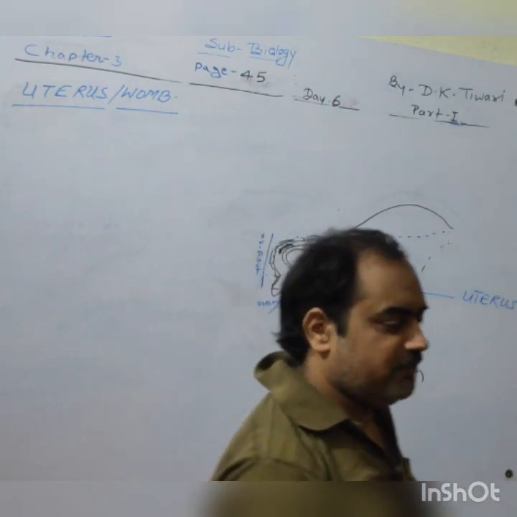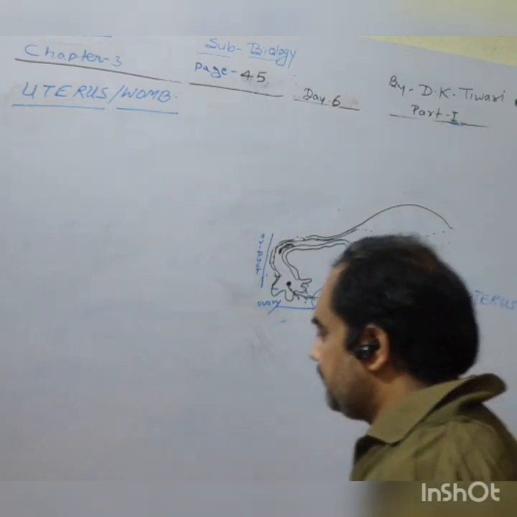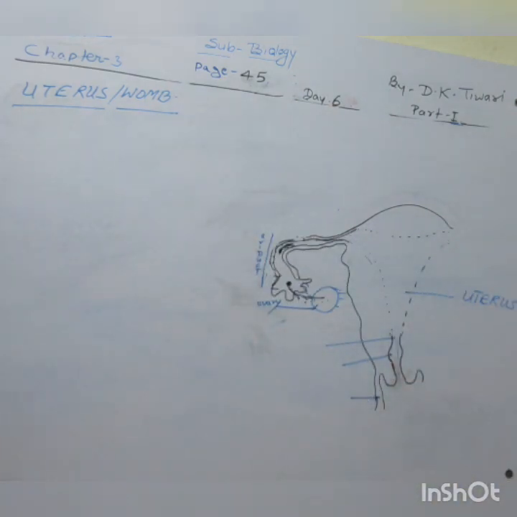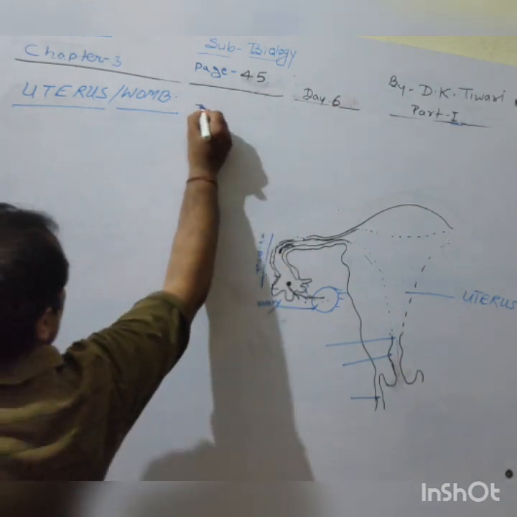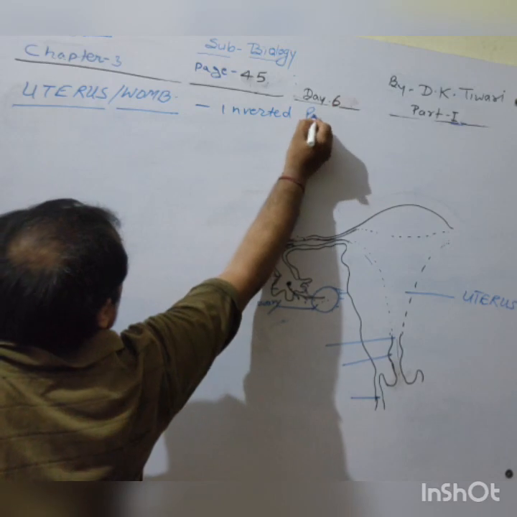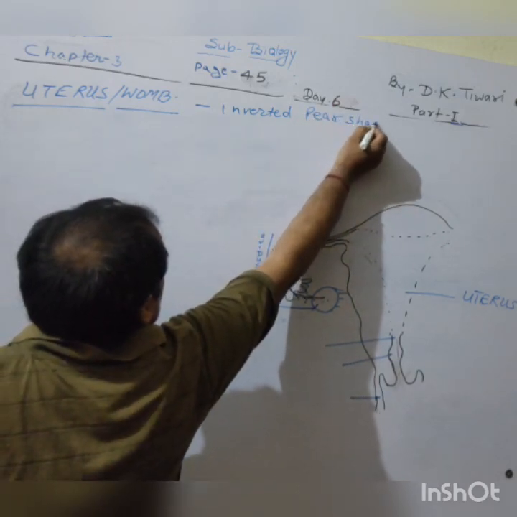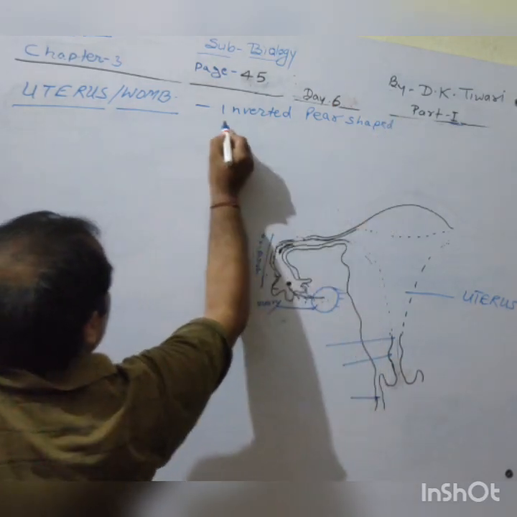This is the place where the baby remains for about 9 months before its birth, and it is a very specific structure, nearly pear shaped, or rather an inverted pear shaped structure.